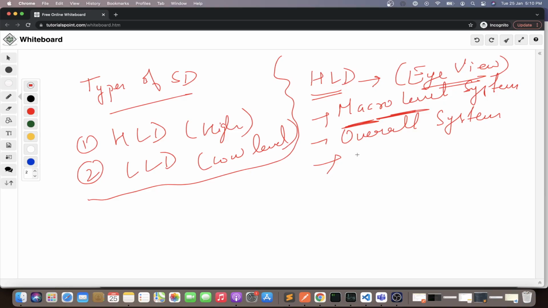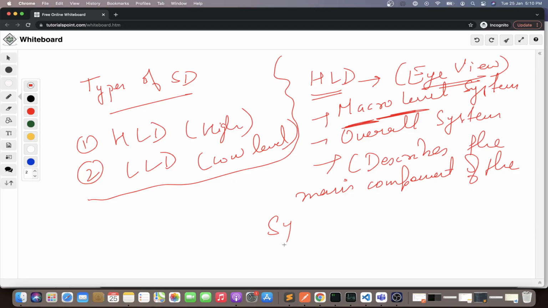So basically, high level design describes the main components of the system in brief.